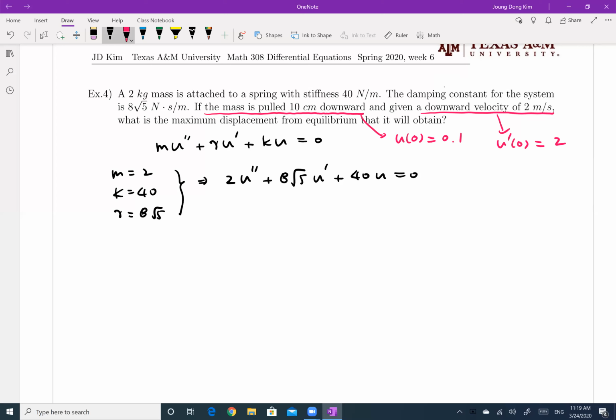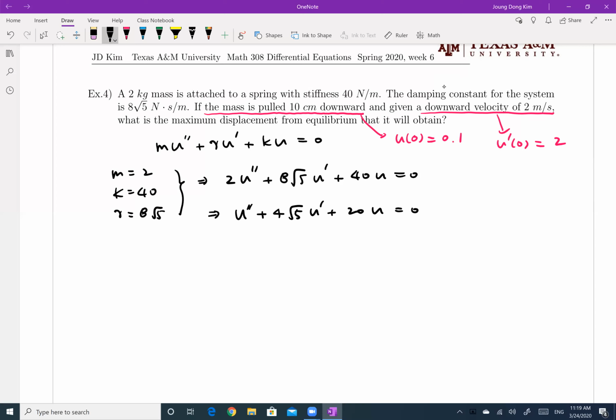For my convenience, let me divide by 2 to free the leading coefficient. So this differential equation can be written as u double prime plus 4 square root of 5 u prime plus 20u is equal to 0.